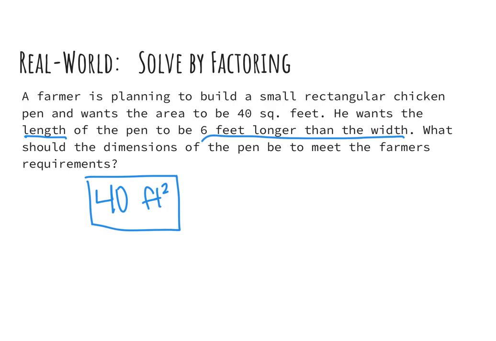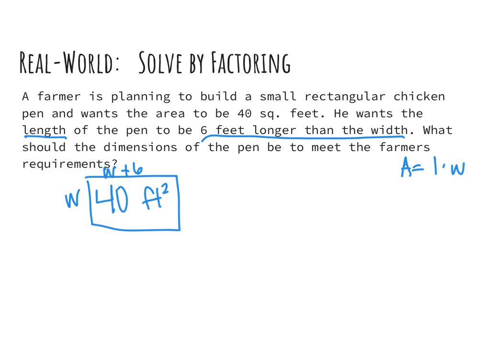Well, I need to know that the area of a rectangle is length times width. They didn't give me anything for the width, so I'm going to call the width W. Now the length, yes, we know that's an L, but because it's 6 feet longer, I'm going to add 6 here.